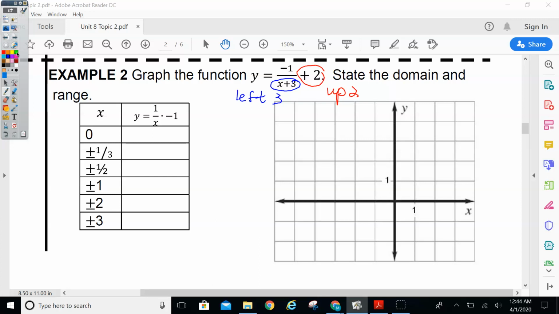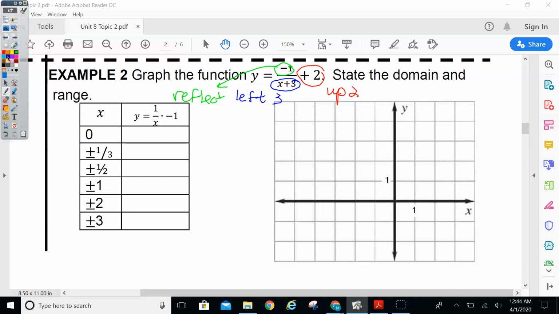And then I have the negative 1 as the a value, so the negative is going to make it reflect. So this time, the hyperbola, instead of it being in quadrants 1 and 3, it's going to switch to 2 and 4. So it's going to go the opposite ways.